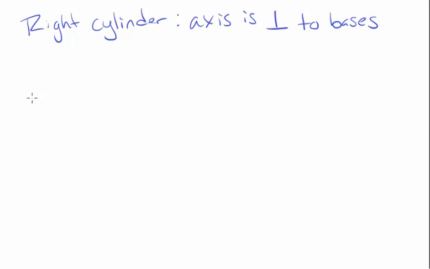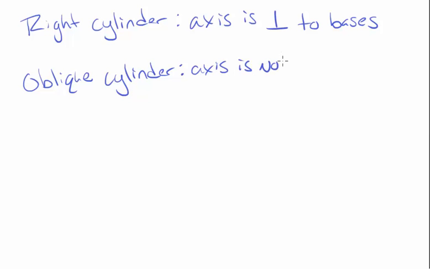And then we have an oblique cylinder. And the axis is not perpendicular to its bases.